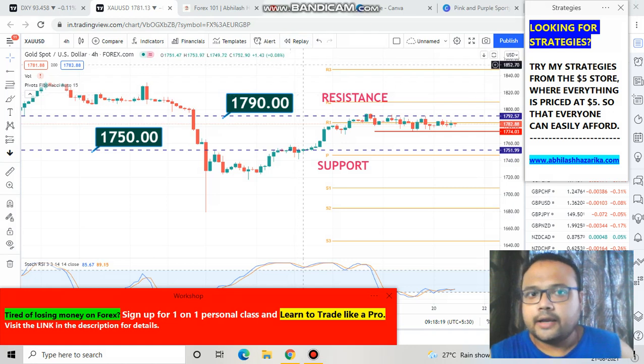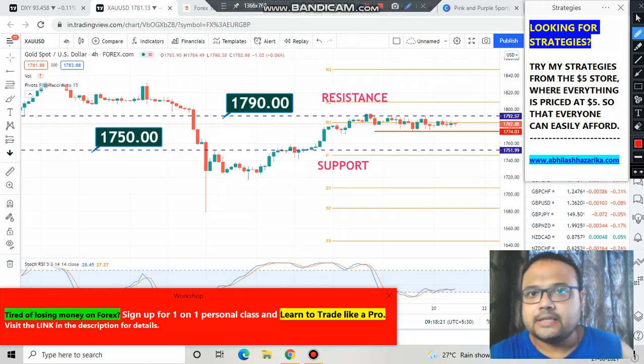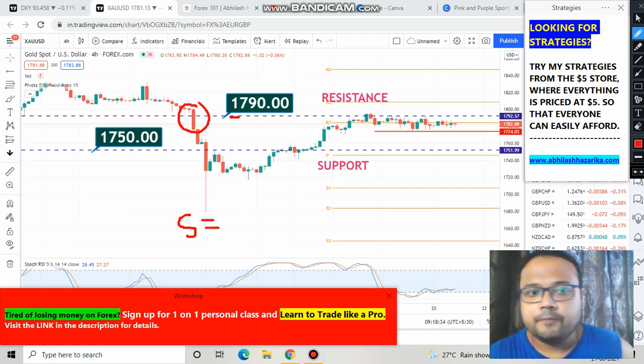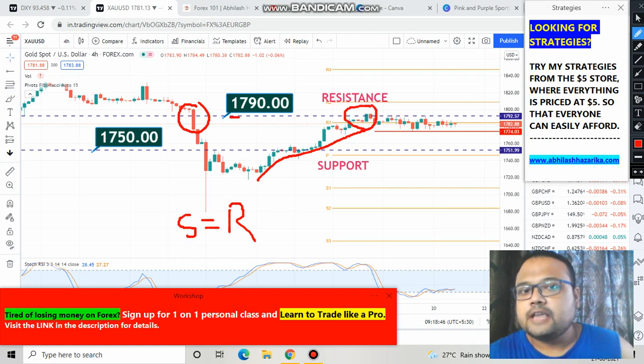On the other hand, you can see that 1790 has been marked as a resistance, because previously 1790 was a very strong support for the market. When the market broke the 1790 level, the same level became the resistance. And right now, when gold was very bullish here, the same level acted as a resistance for the market.